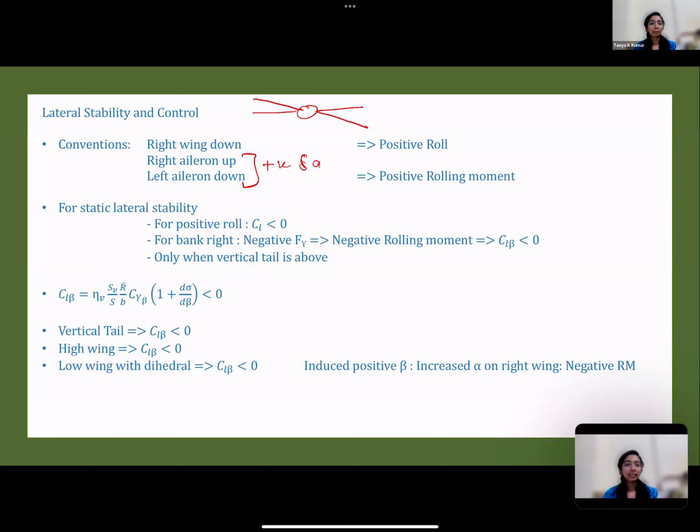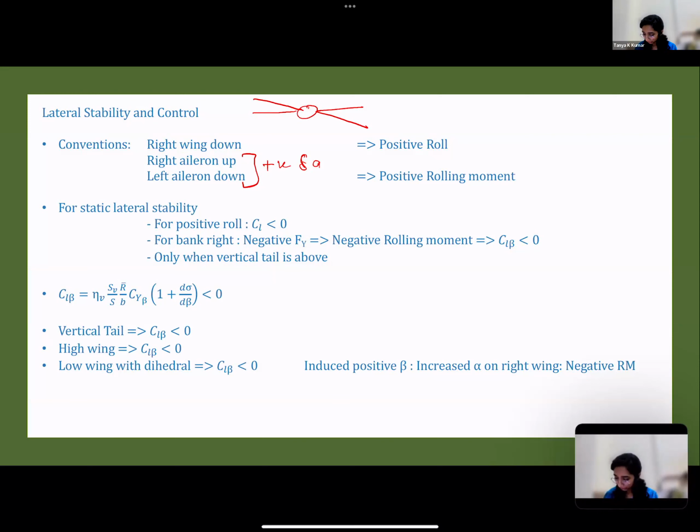Now if it banks right, the force produced is negative Fy. Let me try to elaborate that. It's very well explained in the lectures. So when it banks towards the right, you have an effective positive beta.